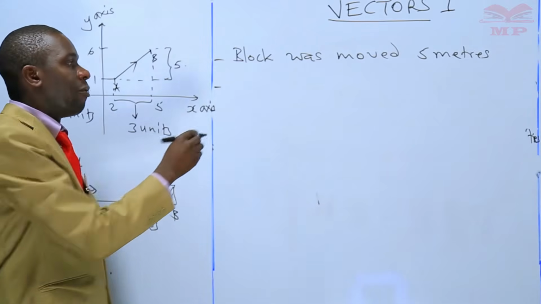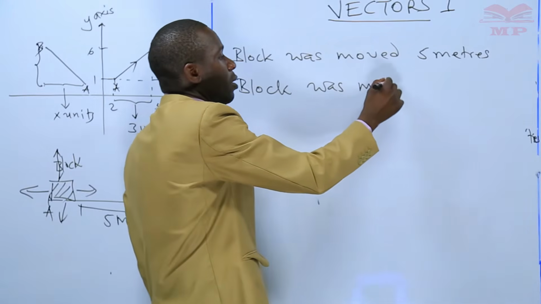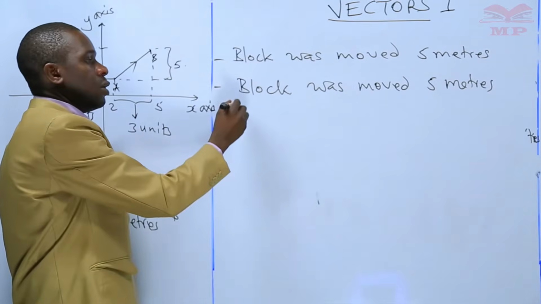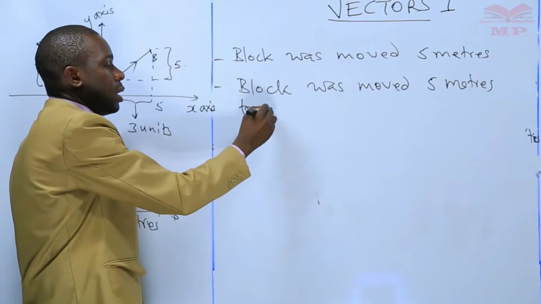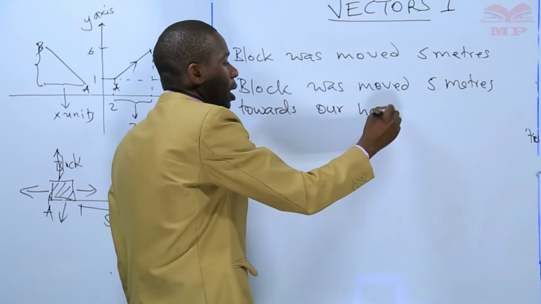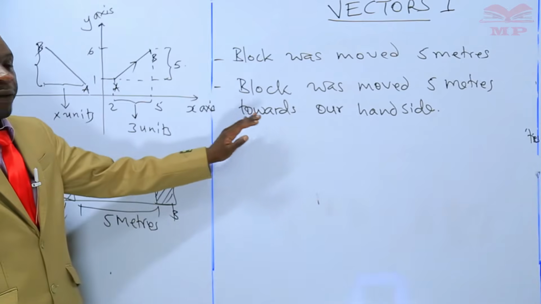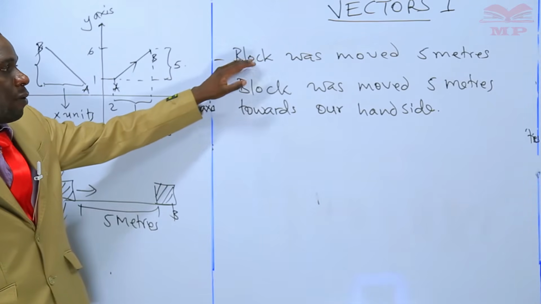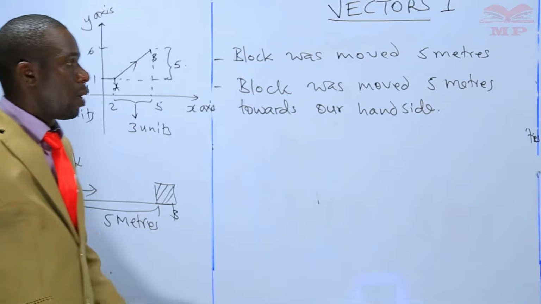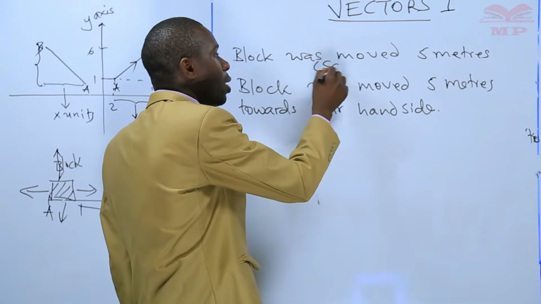And then we give a second piece of information and say that our block was moved 5 meters towards our right hand side. The first information is telling us about the block being moved 5 meters. The direction is not said at all.